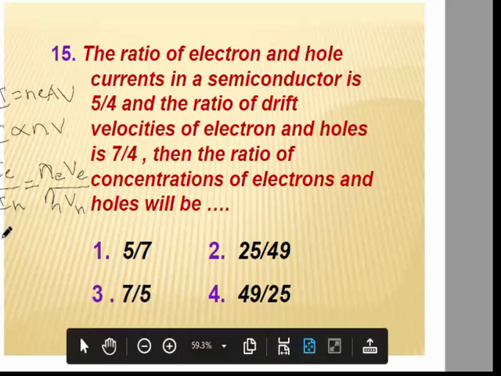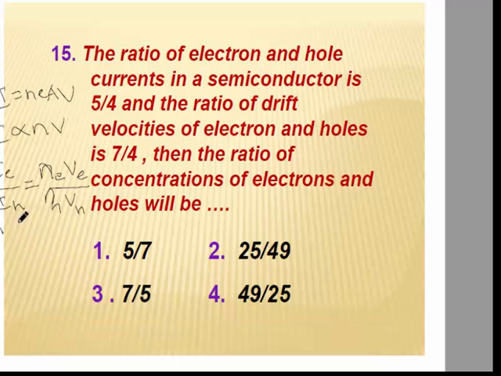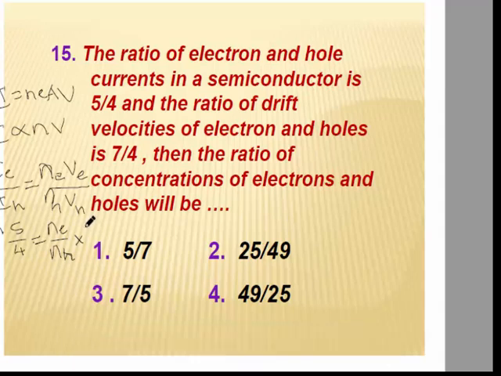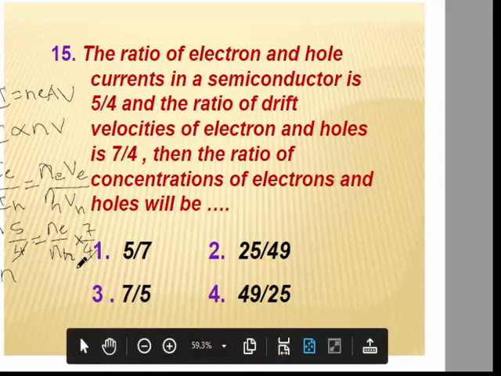The ratio of concentration of electrons and holes. IE by IH is given as currents, 5/4. NE by NH is asked, NE by NH into VE by VH, the velocities are given, the ratio of velocities is 7/4. So NE by NH becomes, 4 cancels, NE divided by NH equals 5/7. So which option? 1 is the correct option.